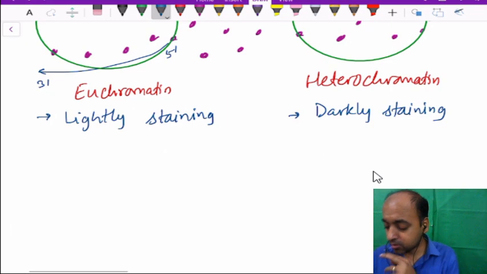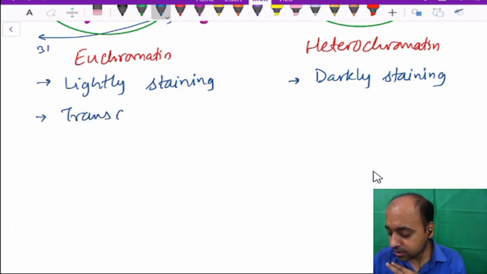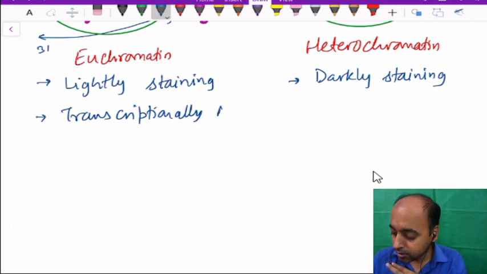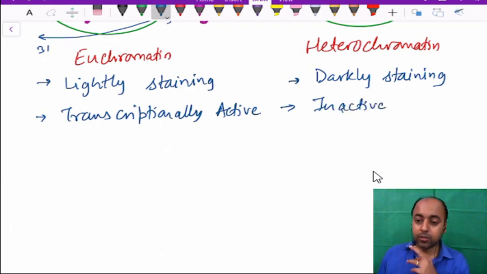This is because in the euchromatin we saw the transcription was going on. It is transcriptionally active, whereas the heterochromatin is transcriptionally inactive.